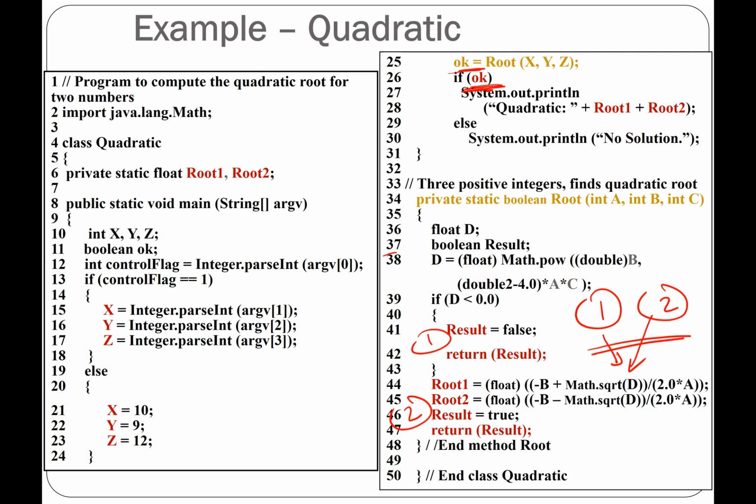Okay, and if it's true, then the result where it got defined over here, we call this node 4. It's going to be used over here in node number 5. And yeah, those are the different last def-use pairs.